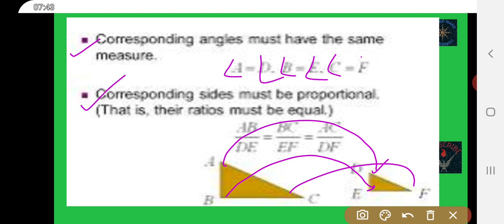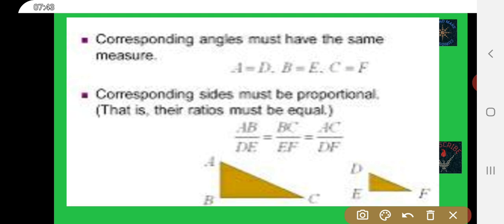Now you see corresponding sides must be proportional. So here AB by DE, BC by EF, AC by DF. If these two conditions are satisfied, then we can say triangle ABC is similar to triangle DEF.